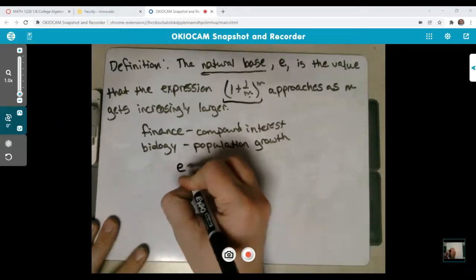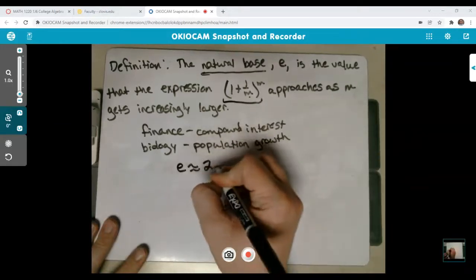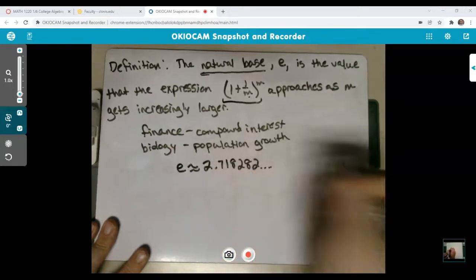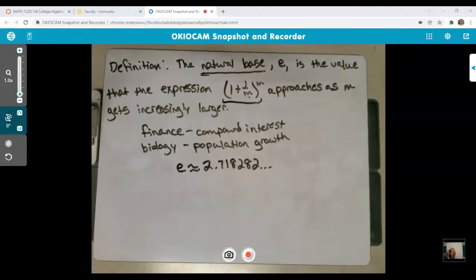In fact, e is about 2.718282, and it can keep going forever and ever. So if you ever see an e in a math class, okay, what e is it is a constant. Just like how pi is, e is a constant, okay?